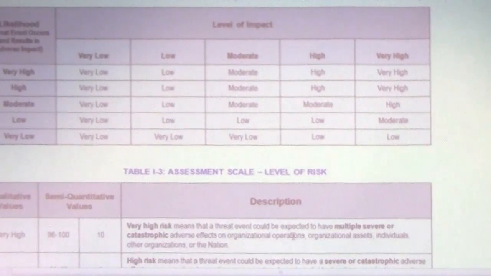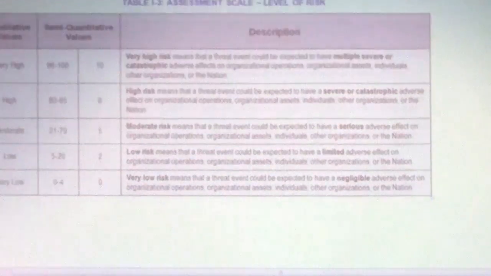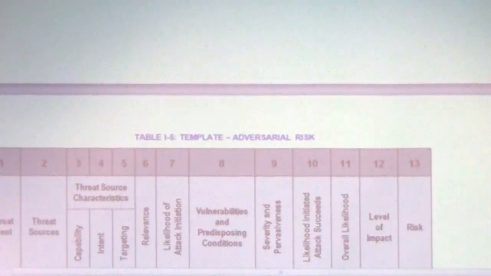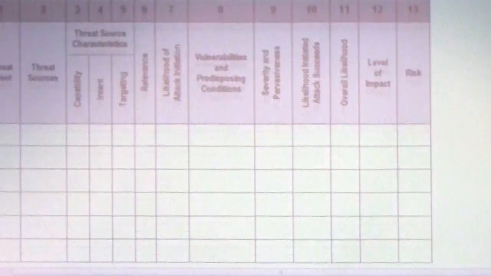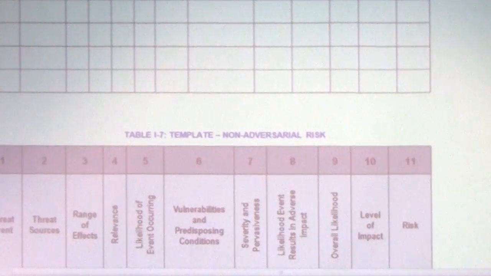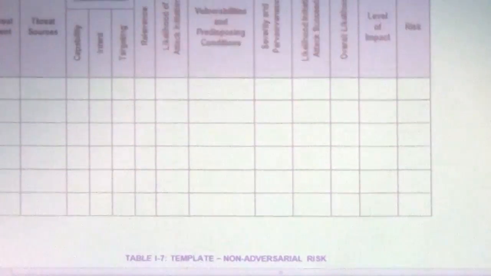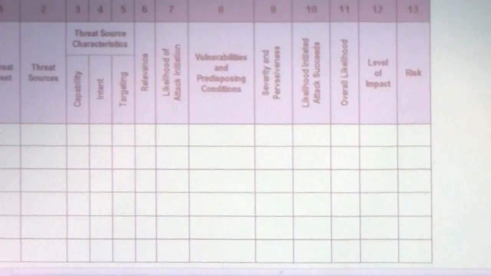We take the information from those previous tables, and if you scroll down, you can see tables I3, I5 and I7, where we have separate tables for adversarial and non-adversarial, with columns for just about everything we've already done in the other tables.